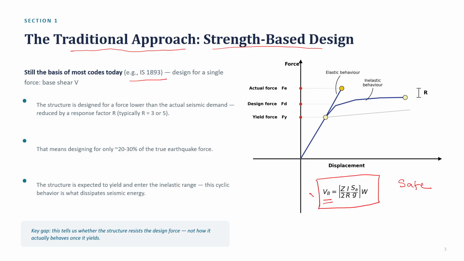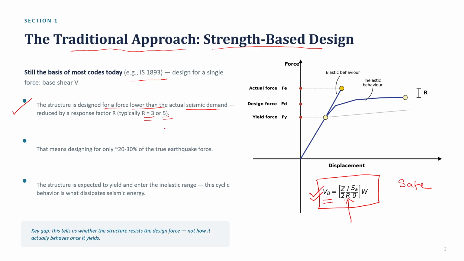Most of you know this formula. Now you may have a question, what is the problem then? The problem is, here you can see, the structure is designed for a force lower than the actual seismic demand, because in the formula R is there, that is the response reduction factor, and this response reduction factor for OMRF is 3, and for special moment resisting frame it is 5.